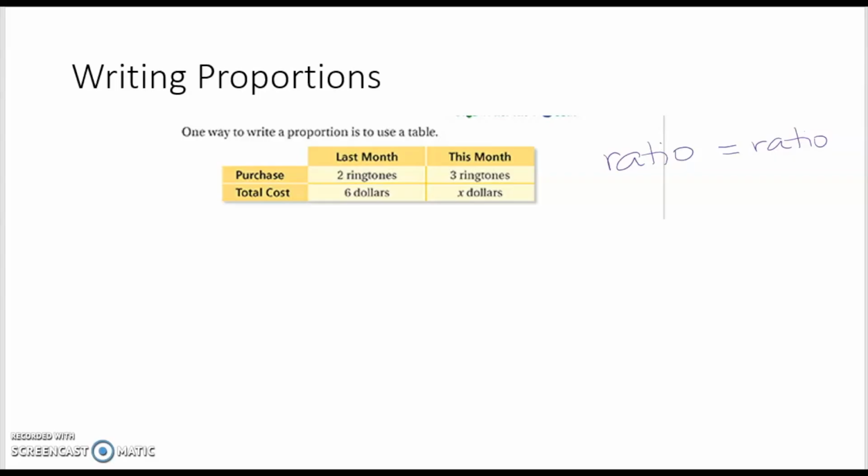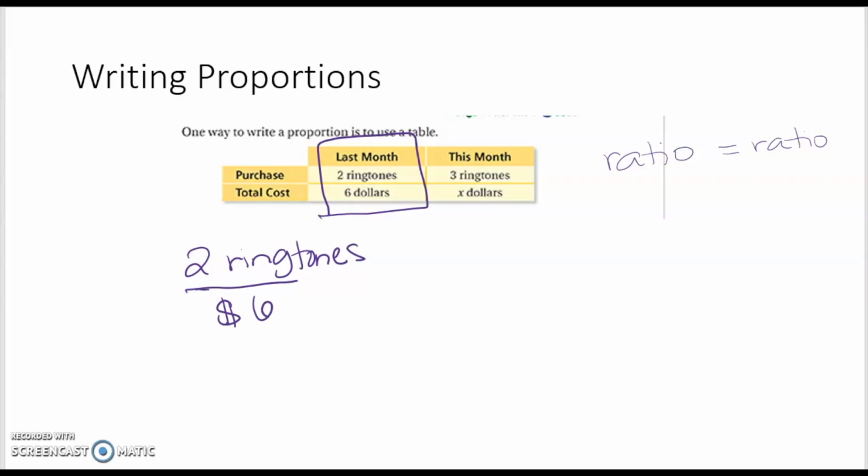So we're looking at this table here, and it says we're comparing our total costs that we're spending for purchasing ringtones. So our first ratio is the amount of money that we spent last month. So last month, we purchased 2 ringtones, and our price was $6.